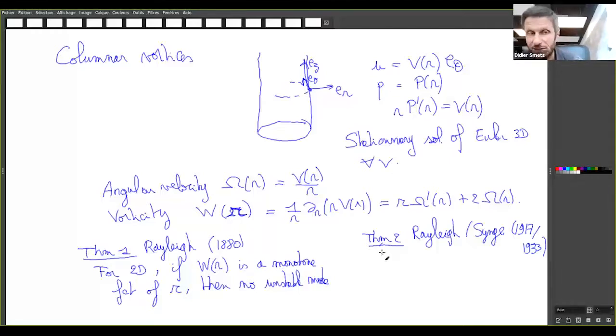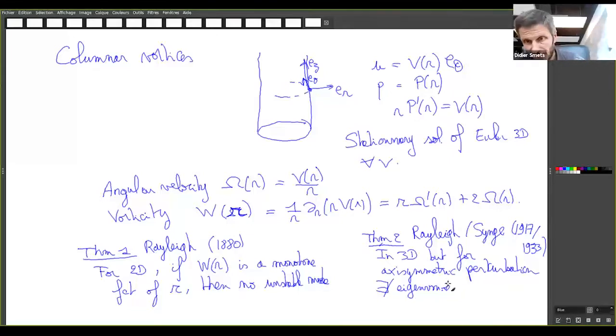It says the following: that's for the axisymmetric situation, in 3D, but for axisymmetric perturbation, there is no eigenmode if, in a slightly different condition, the circulation is monotone. There's a circulation along a radius.